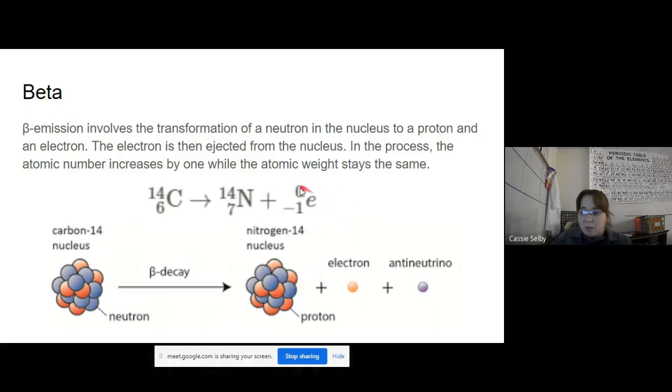So this is what a beta particle looks like, and it's not extremely dangerous. It can hurt you a little bit, but it's not terribly bad. This is the next step, and you can see that this is something smaller than the alpha decay.